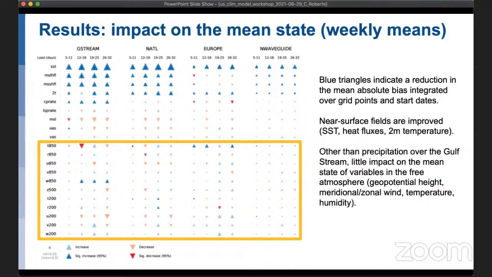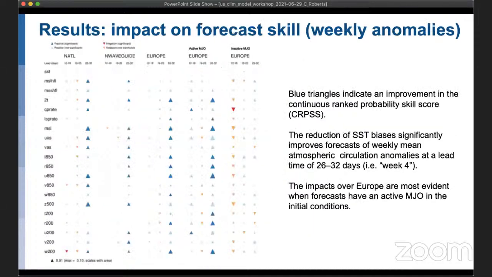Nevertheless, these changes to the mean state of the vertical motion and the convection still have consequences for the predictability that extends beyond the North Atlantic domain. And that's what's shown on this slide, which is another summary scorecard, but now summarizing the impact on probabilistic forecast skill, again as a function of region and weekly lead time.